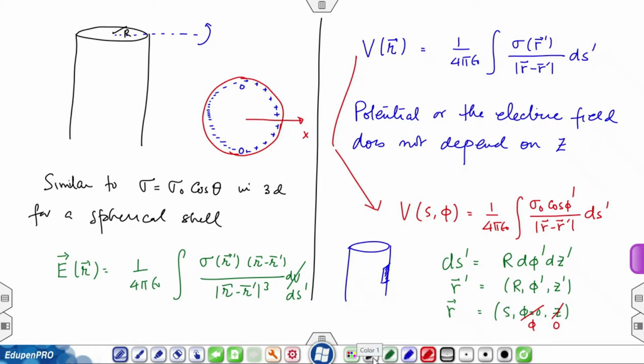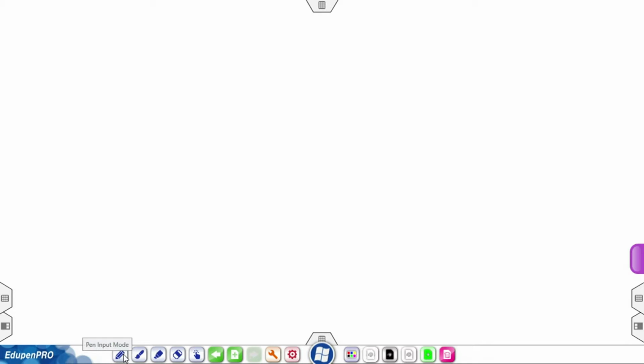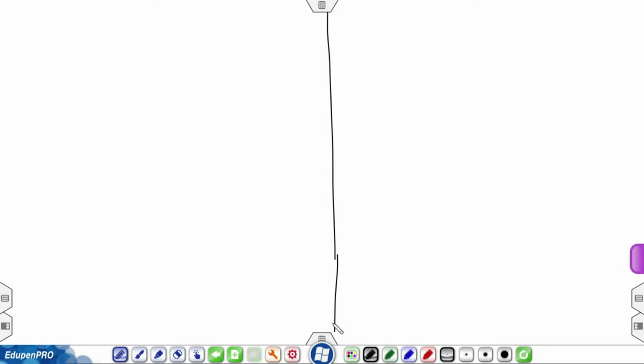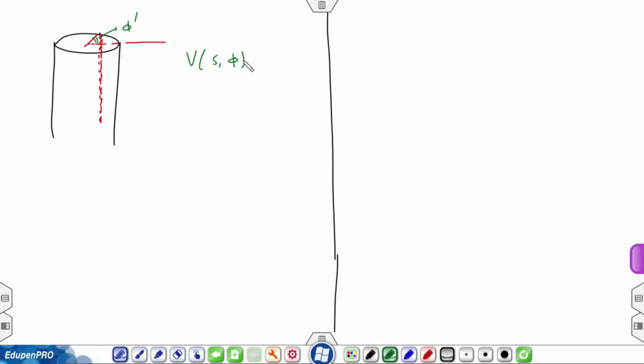But I am going to make life a little easier by again what we did earlier, in that I am going to take the cylinder and take a strip at angle phi prime, and I am going to calculate the potential at some distance s and phi due to this strip, and I may as well calculate at z equals 0, it does not really matter, it is infinitely long.